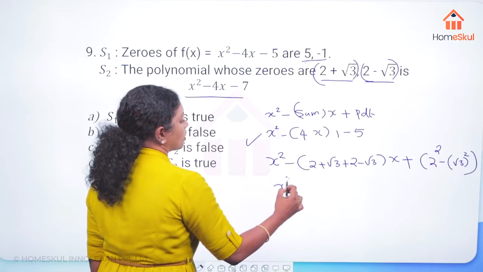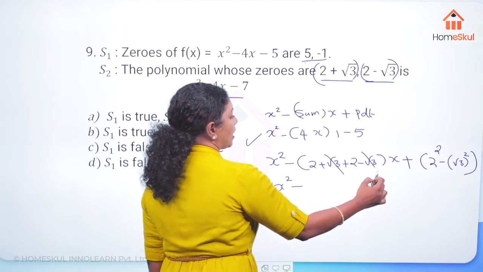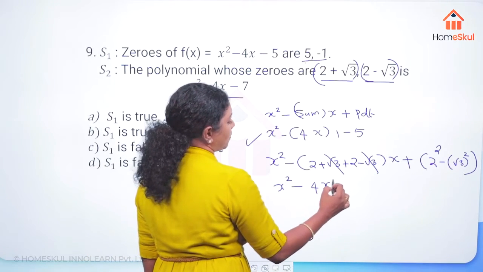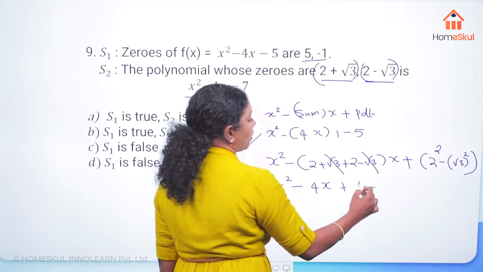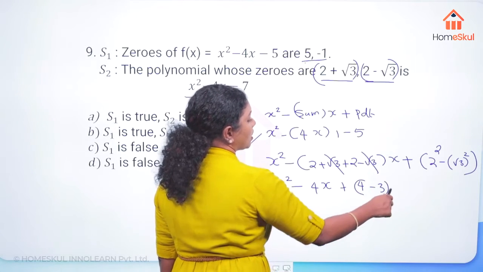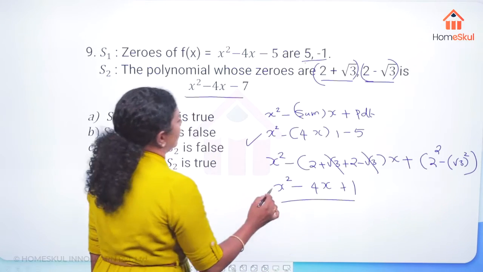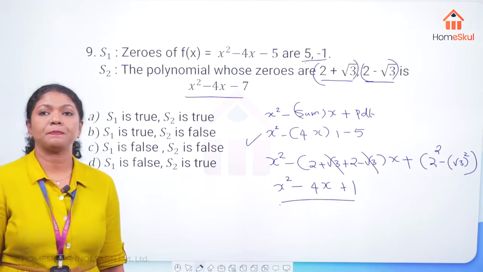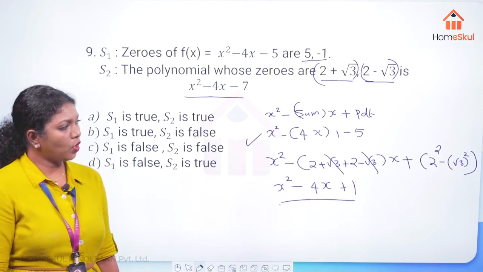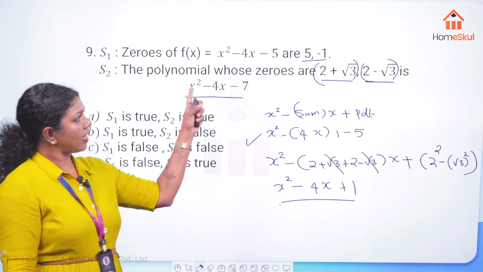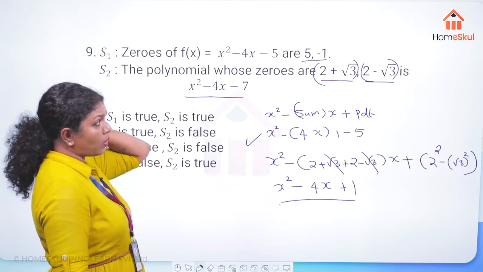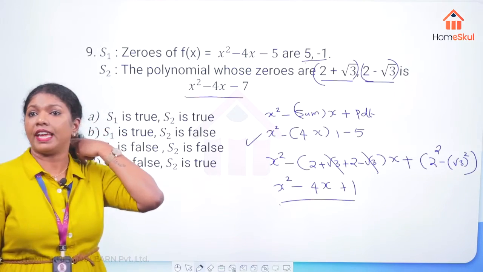Now it will be x square, and the root 3 and minus root 3 get cancelled. It is minus 4x plus, 2 square is 4, 4 minus 3, which is 1. Am I right? A square minus b square. So it is x square minus 4x plus 1, not minus 7.